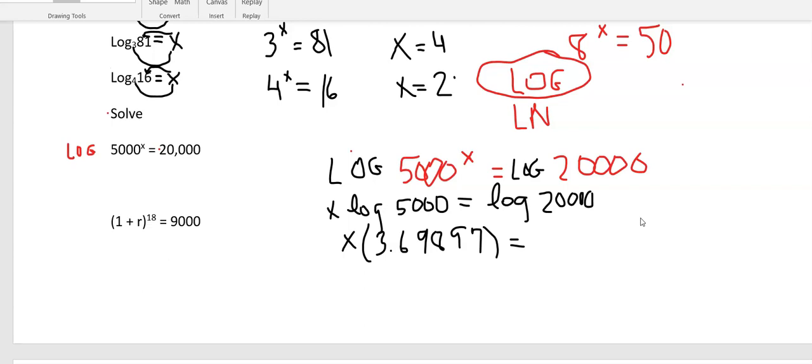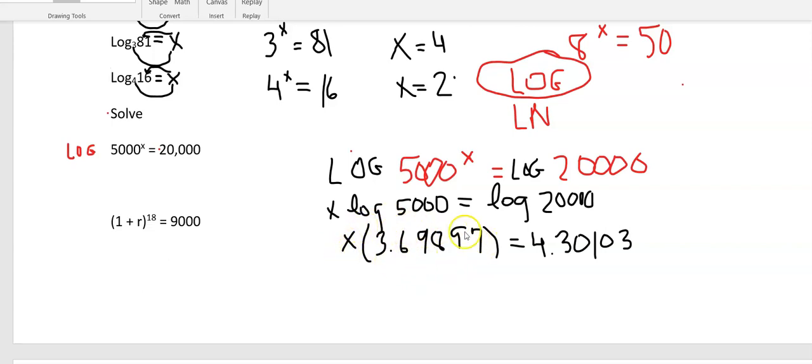And I get 4.30103. And with these logs, it's very wise to take them out several decimal places so that you don't get an inaccurate answer.